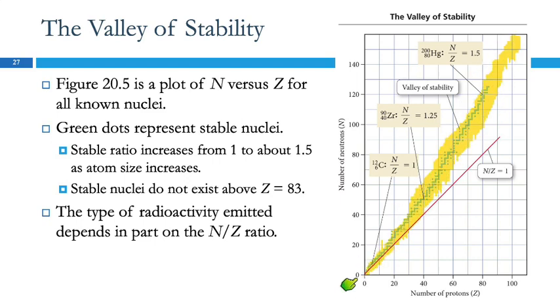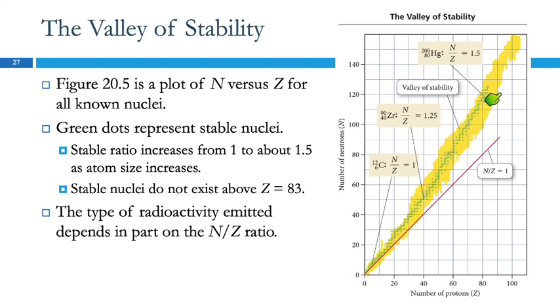And so we see there's this line, this green area, that's called the valley of stability. So it looks a little bit like a valley in between two mountain ranges. Kind of have to use your imagination there. And we see down here for the smaller ones, these guys are going to have N to Z ratios that are close to 1.